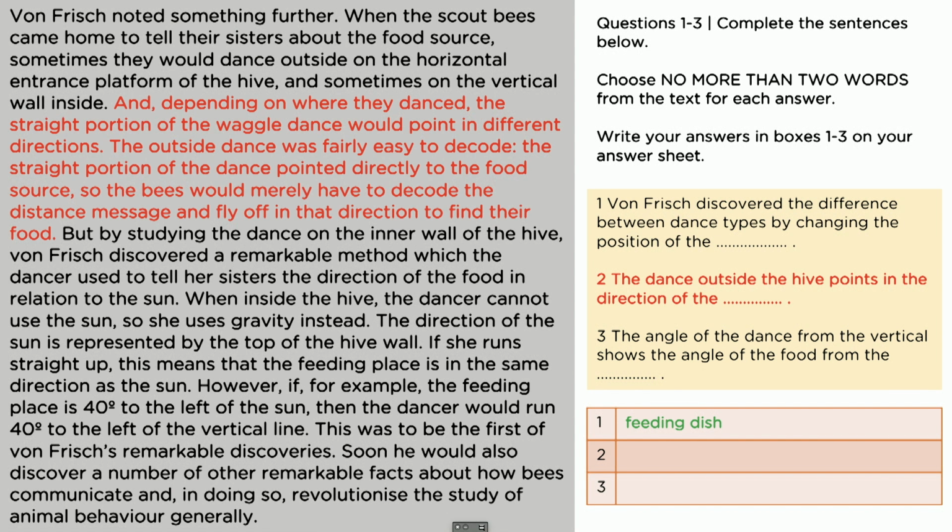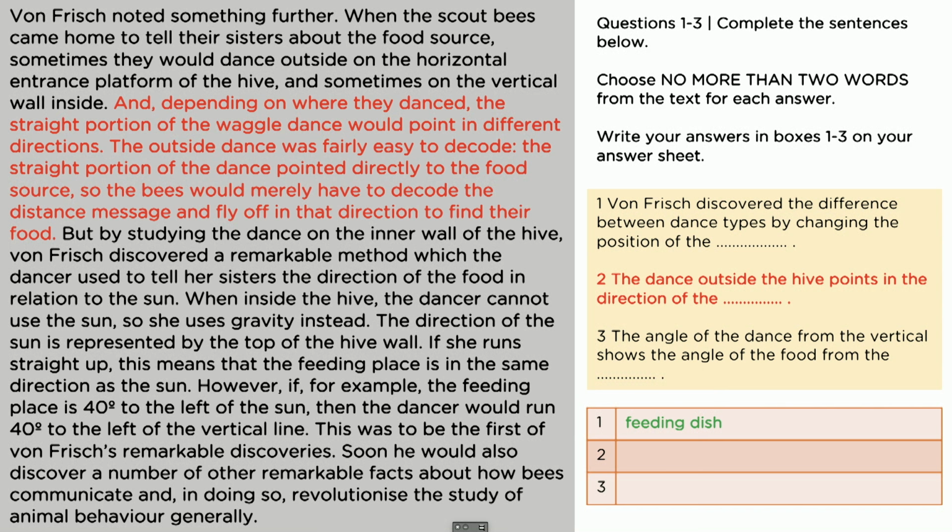Number 2, the dance outside the hive points in the direction of the what? Well, the text says, and depending on where they danced, let's read the question again. The dance outside the hive points in the direction of the what? And depending on where they dance, the straight portion of the waggle dance would point in different directions. The outside dance was fairly easy to decode.